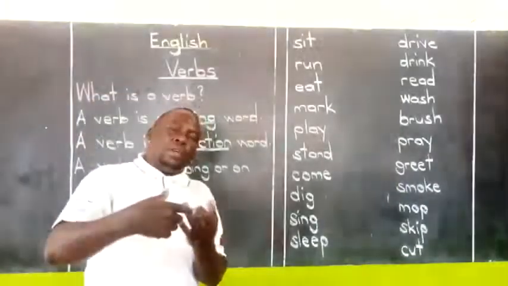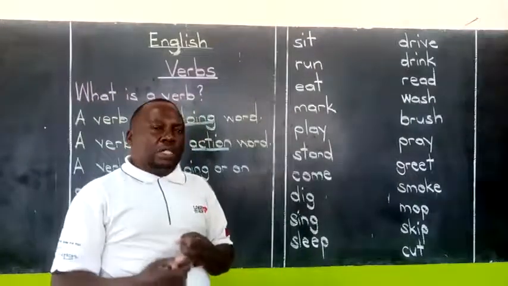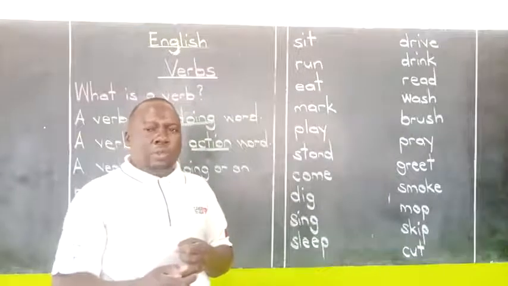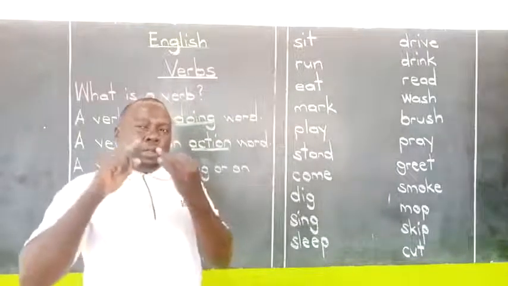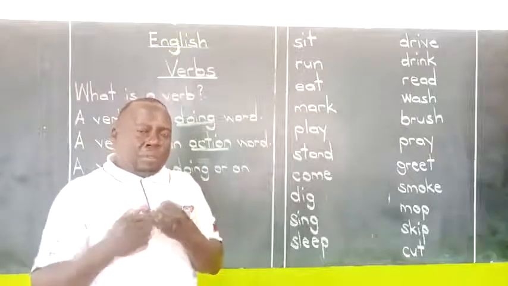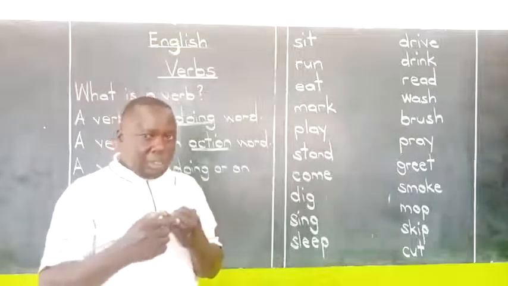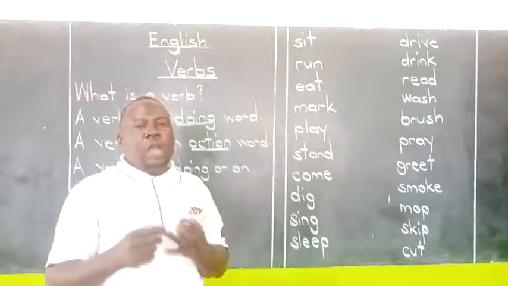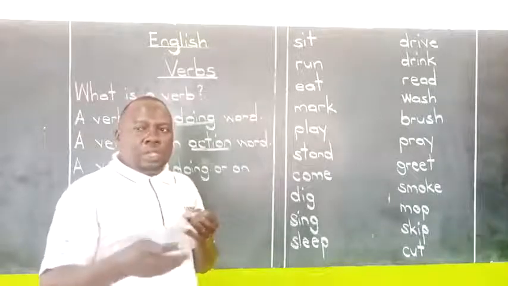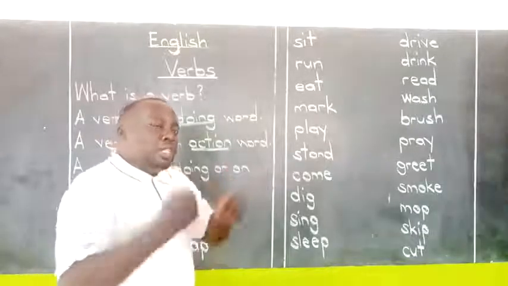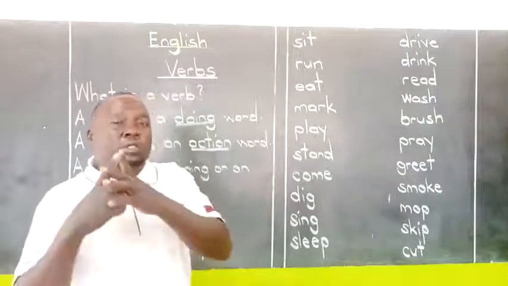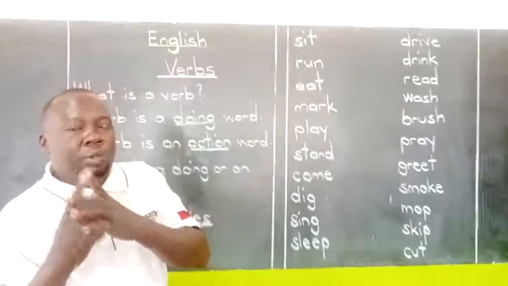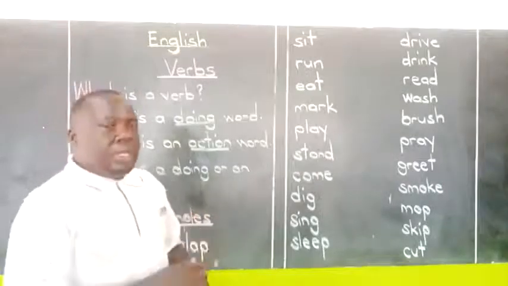Can you really do that action of a duster? No. Chair. So write the verbs, not nouns. Okay? Write the verbs, action words. You say it, before you write it, make sure you do its action. Then you write. If the action is not there, that is not an action word or a verb.